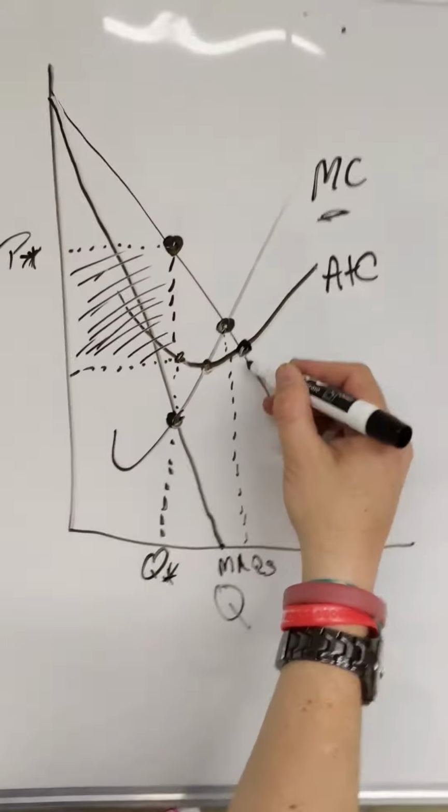Their accounting profit's going to be positive, because the accounting profit does not include the implicit costs. So the accounting profit is always going to be greater than your economic profit. Always, always, always.